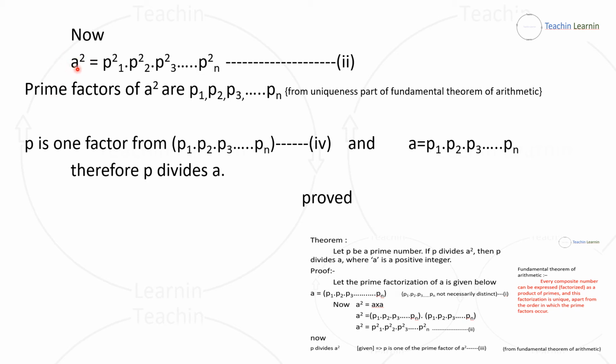What is written here? A square is equal to P1 square into P2 square into P3 square up to Pn square. Now the prime factors of A square are P1, P2, P3 up to Pn, and it comes from the uniqueness part of the fundamental theorem of arithmetic. So you can see that P1, P2, P3 are prime factors of A square. Now P is one factor from P1, P2, P3 up to Pn.